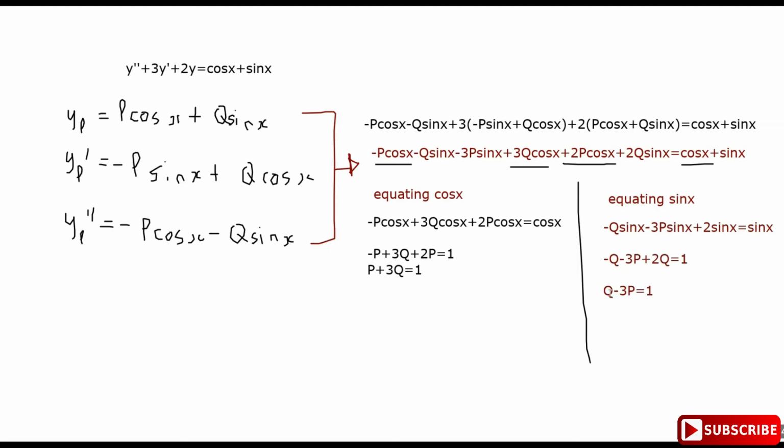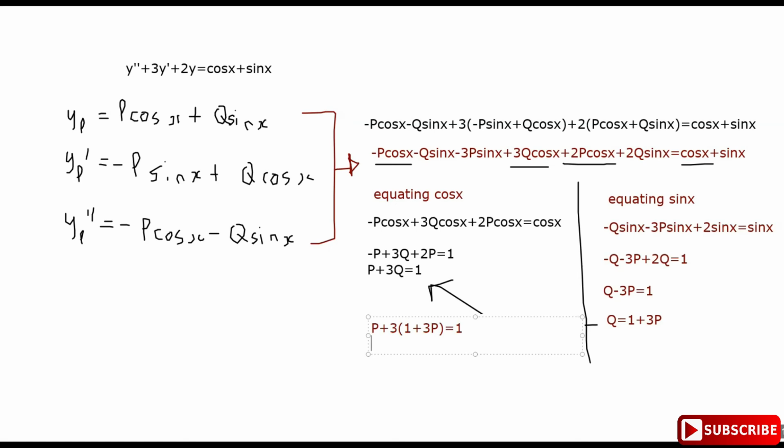We have this and we have this. Now, what I would do is from this side, I'm going to make q the subject. So q is equal to 1 plus 3p. And so I'm going to substitute q equal 1 plus 3p in here. Then what I'm going to get is p plus 3 times q, which is 1 plus 3p, equal to 1.